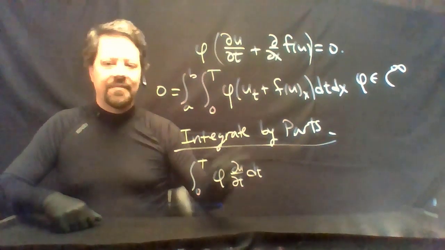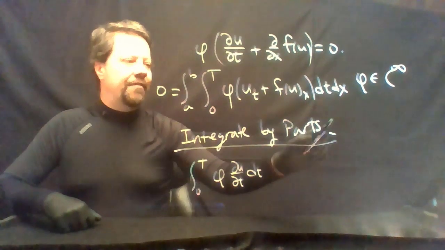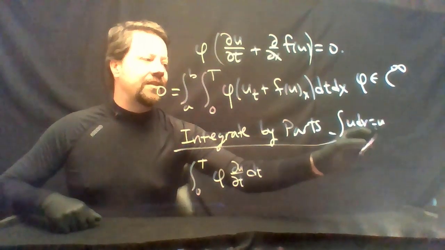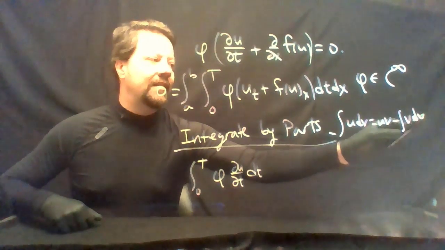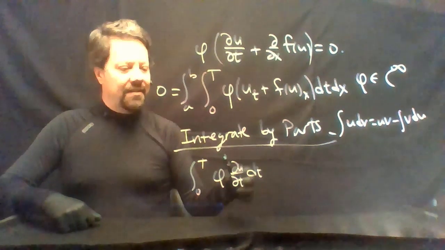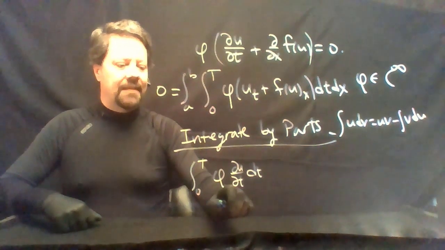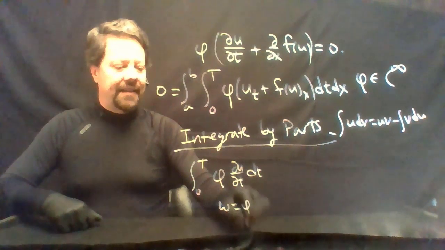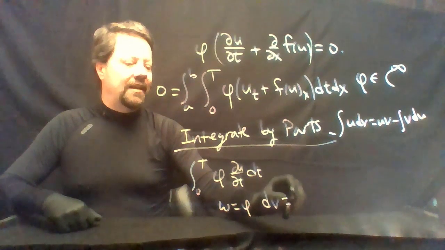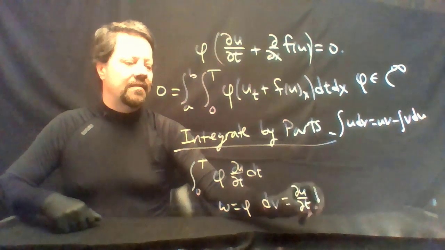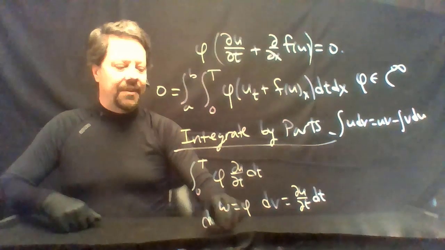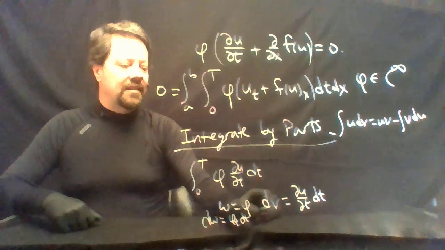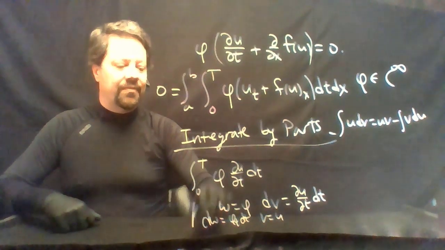You'll remember the formula for integration by parts was the integral of u dv is uv minus integral v du. Here though, we already have a u, so we're going to set w to be the thing that we want to differentiate. That's going to be phi, and dv will be everything else. dw will be the derivative of phi with respect to t dt, and v will just be u.